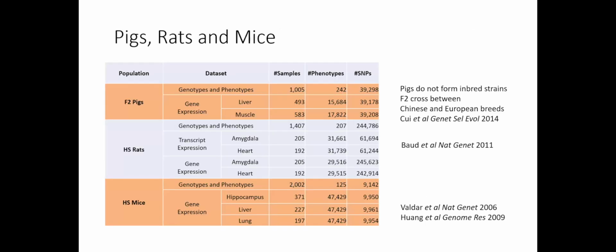So we're going to look at three cohorts of animals. These are all published data sets. The F2 pigs are from Lele's university in China. One thing to know about pigs is they don't form inbred strains. This is a cross between a Chinese and a European breed of pigs. And if you're interested in history, the pig was domesticated independently somewhere in the Middle East and somewhere in China.